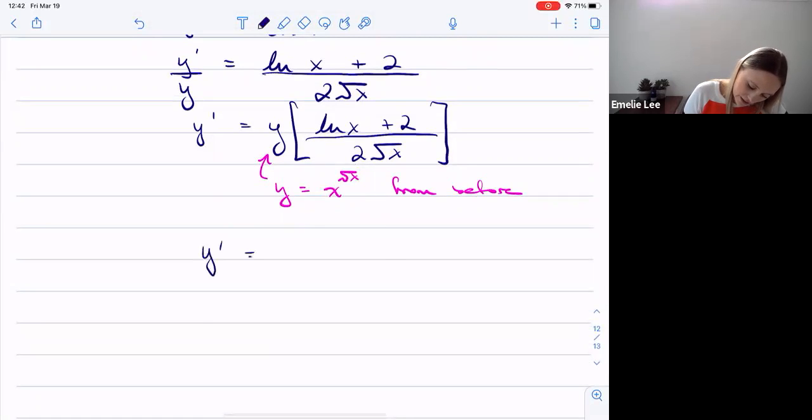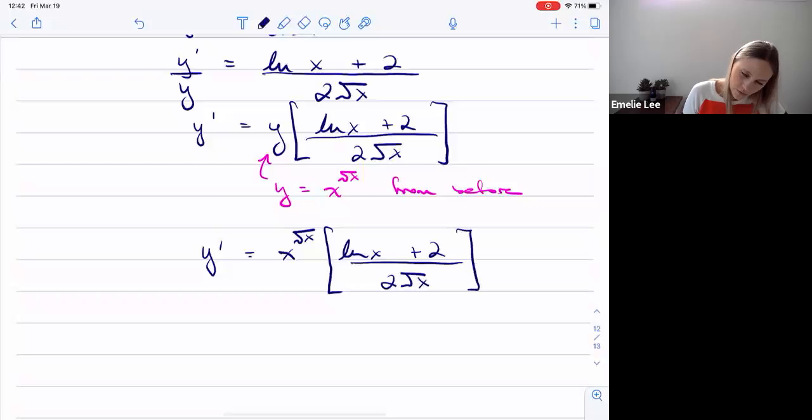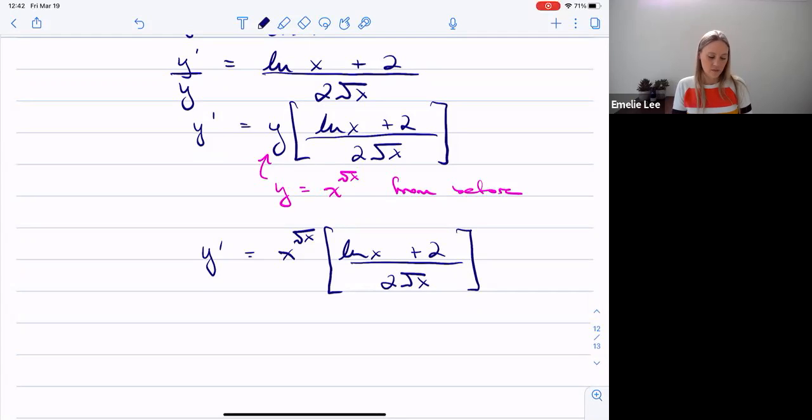Y prime then is x root x times the log of x plus 2 over 2 root x. Good. Did it.